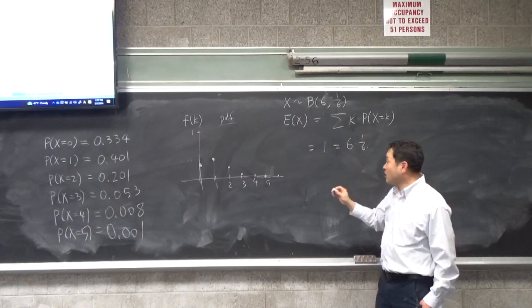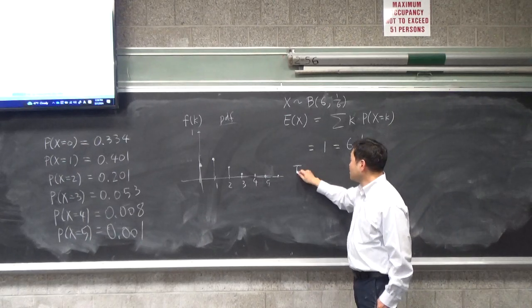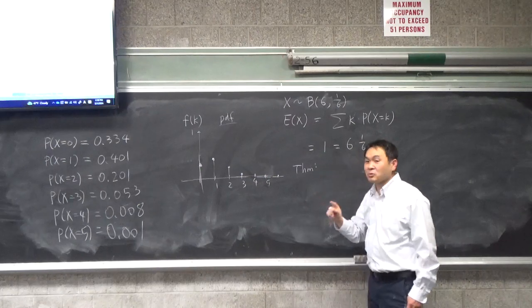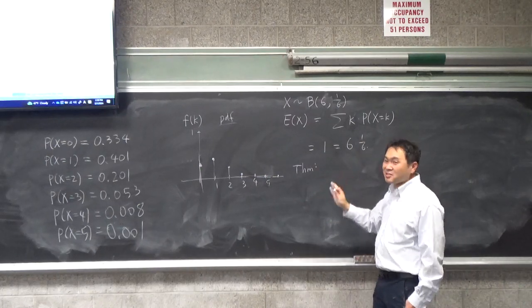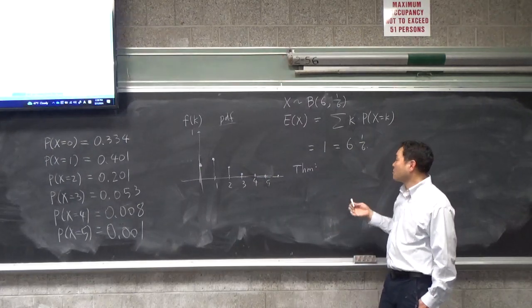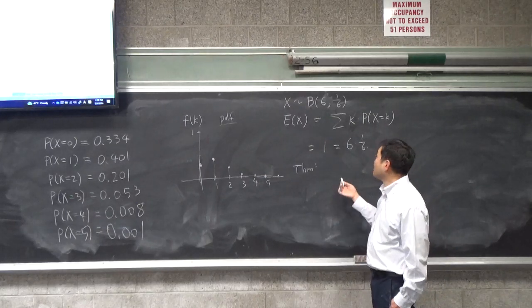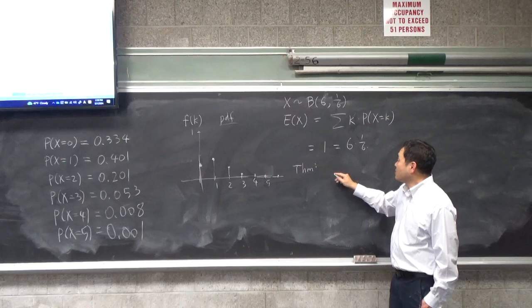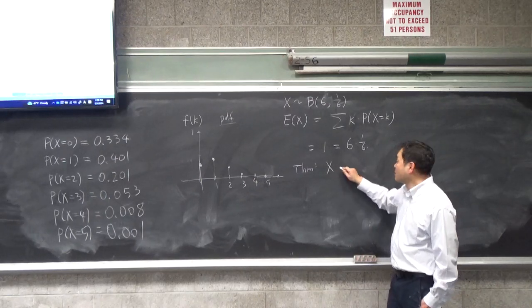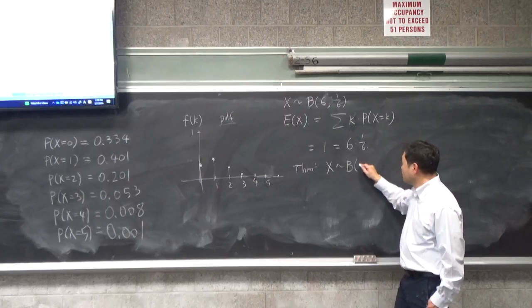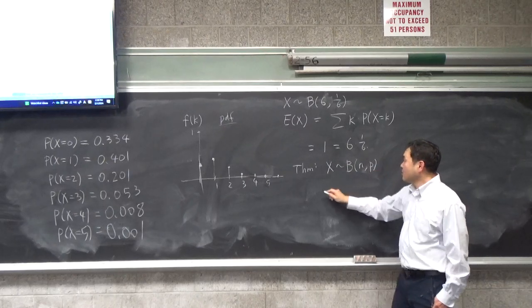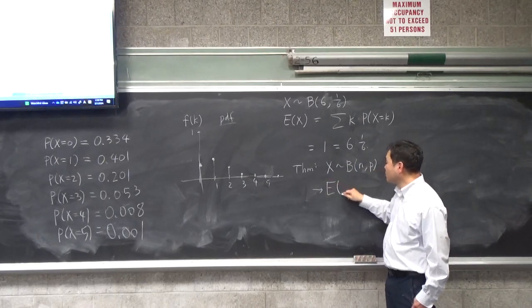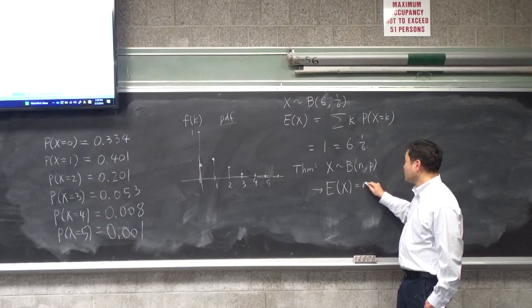In other words, this is a theorem, which I don't have time to prove. It's not that hard. It just uses some calculus, so it's also interesting. But I won't have time to prove this. If x is a random variable that follows B(n, p), then the expectation value of x is np.